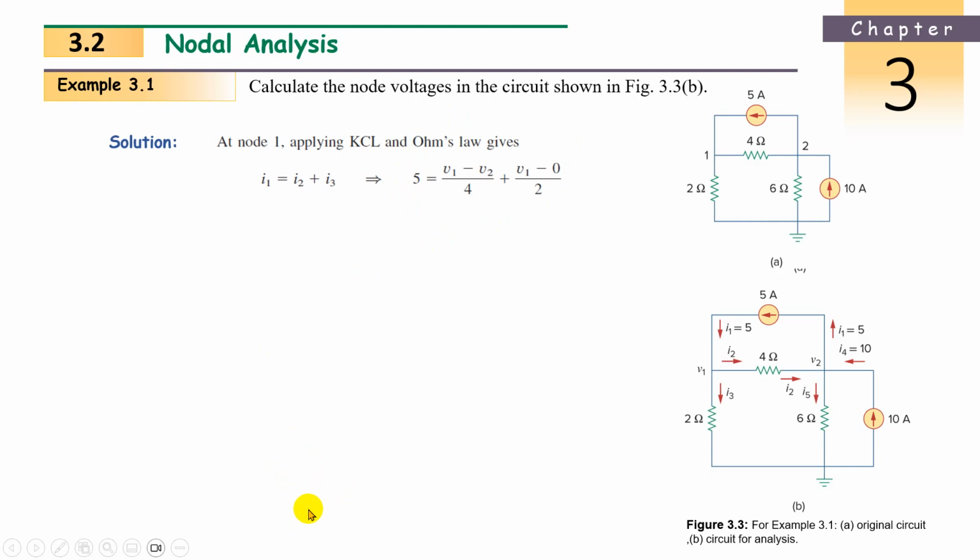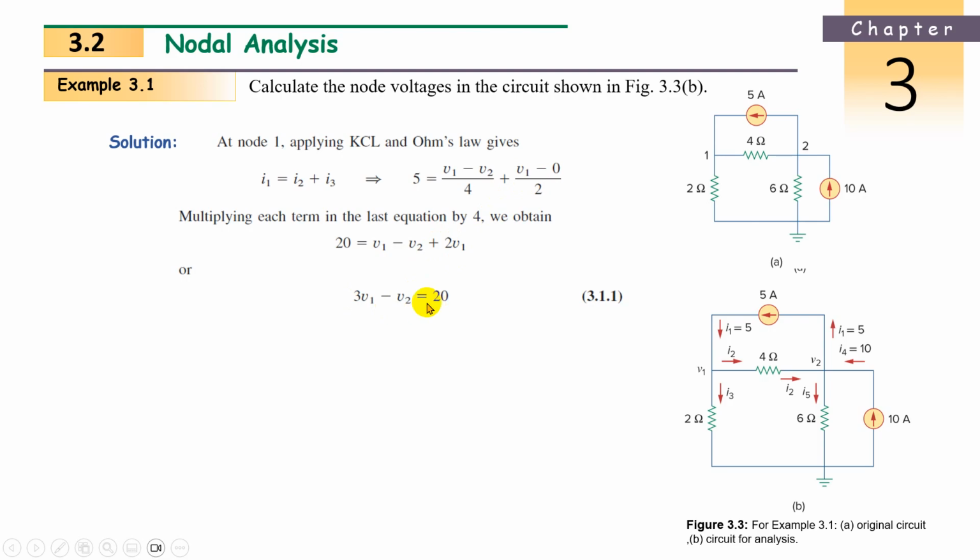Always rearrange with V1 and V2 on one side and the constant values on the right side. We can rearrange this by solving. Take the LCM 4, then the 5 becomes 20. Rearranged, it becomes V1 minus V2 plus 2V1.